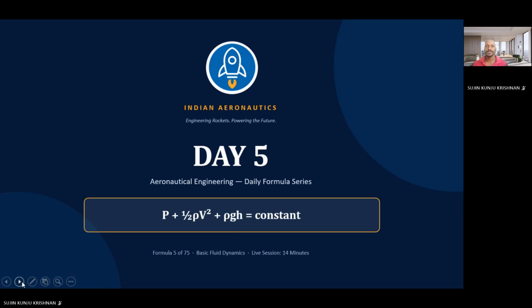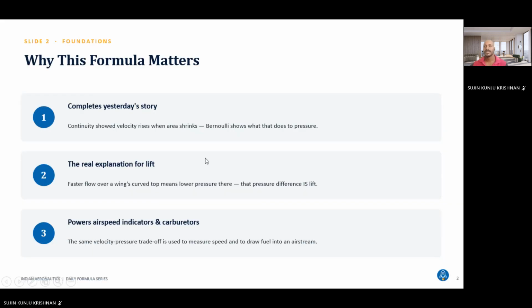Three terms, each with a physical meaning.